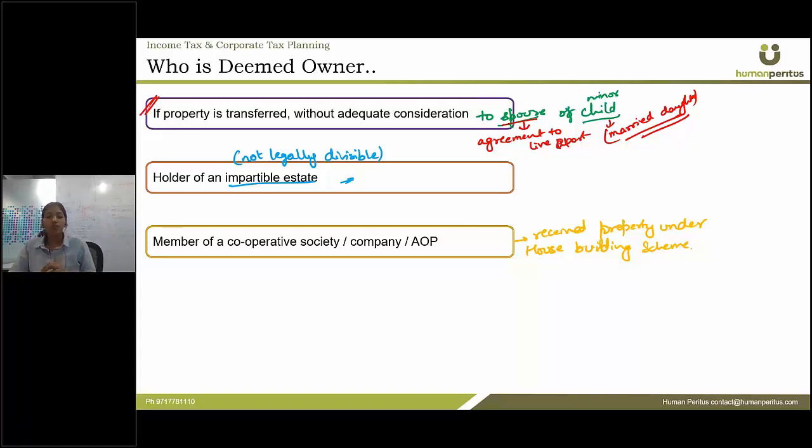In the documents, the property is under the name of the society, company or AOP, but because the right to use the property is given to the member, the member will become the deemed owner and will have to pay the tax on that income.